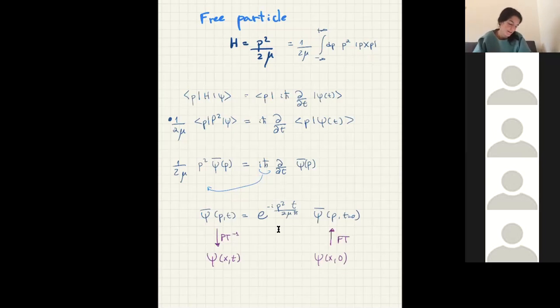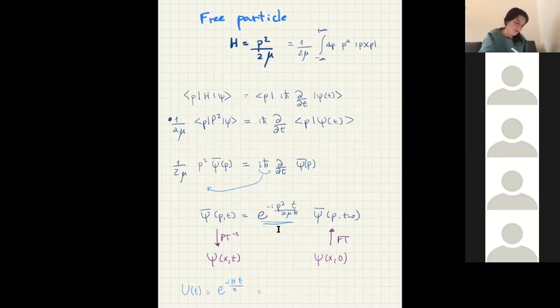Okay. And just one more thing that we can do still in the p basis is to see, well, what's the U of t? You can read it directly from here, but you can also read it directly from the expression that we knew before. So it's more of a sanity check. So it's e to the minus i H t over h bar, right?